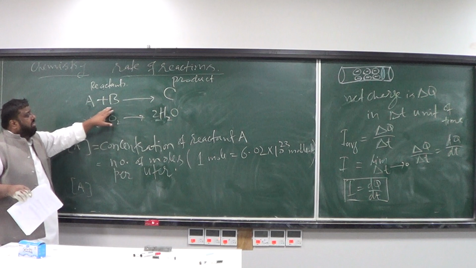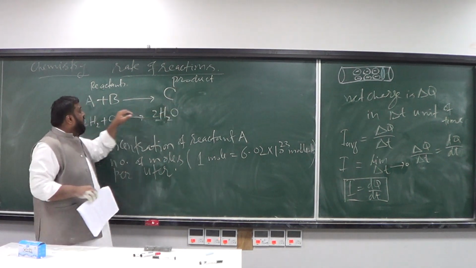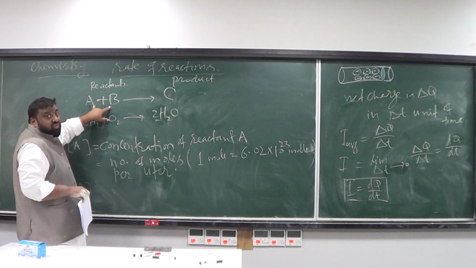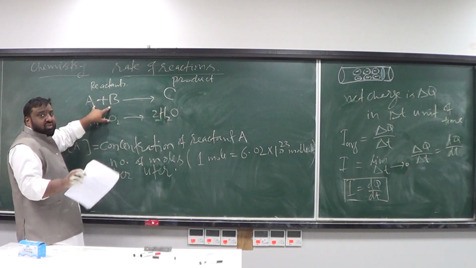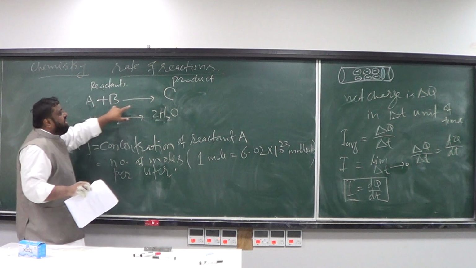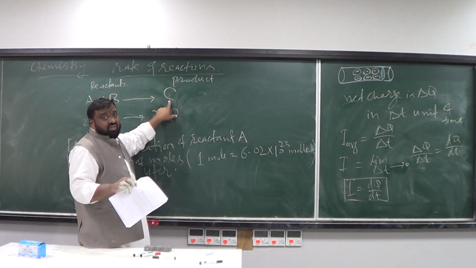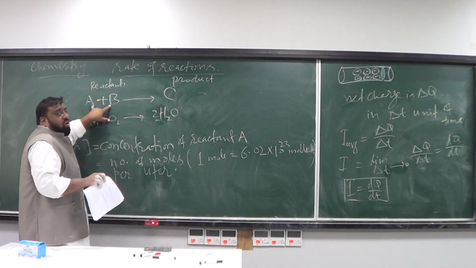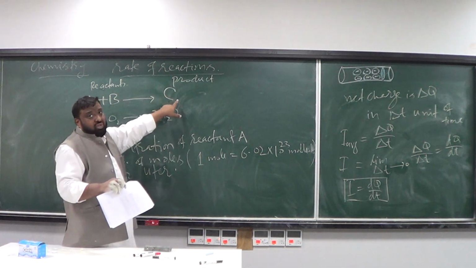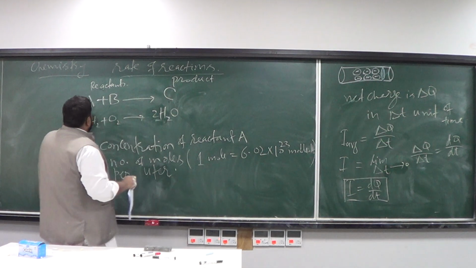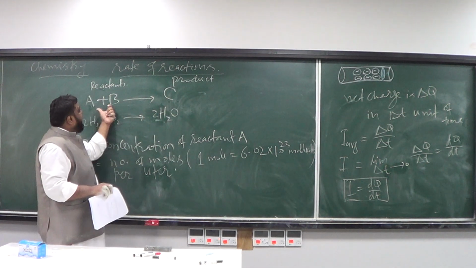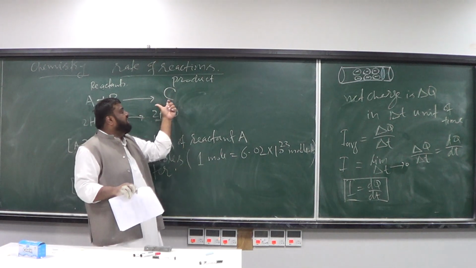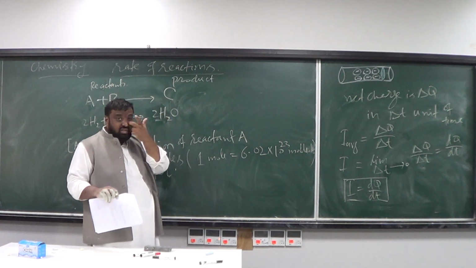So when this chemical reaction is happening, these A and B put together will, as we know from chemistry, be turned into the product C. So in other words, these two will go away and produce C. In other words, the concentration of A and B over the time will decrease and the concentration of C will increase actually.